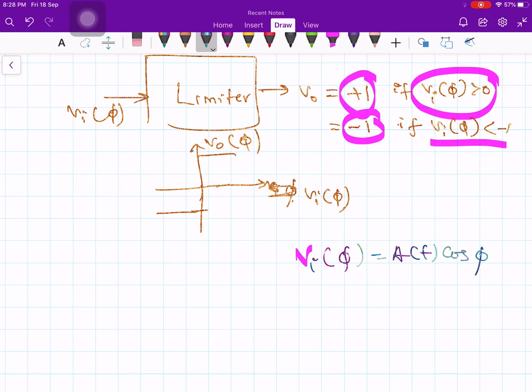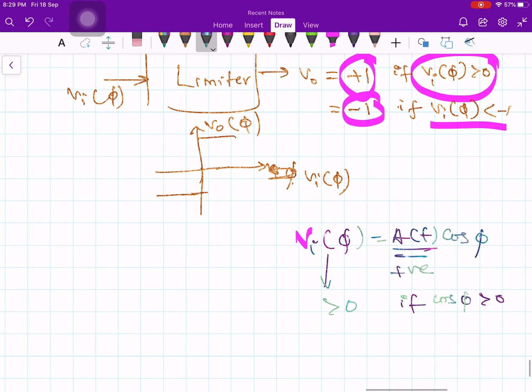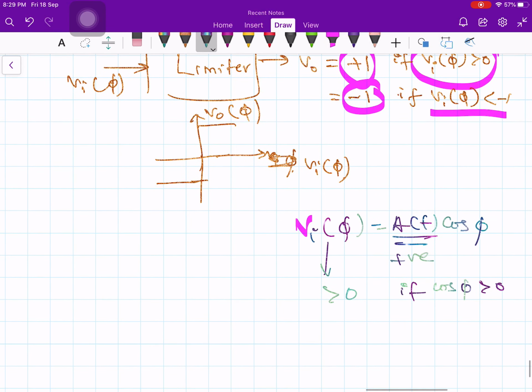Now we said this A is a positive constant, leave it. So this becomes greater than 0 if cos phi is greater than 0. So essentially whether vi is positive or negative will depend on whether cos phi is positive or negative.